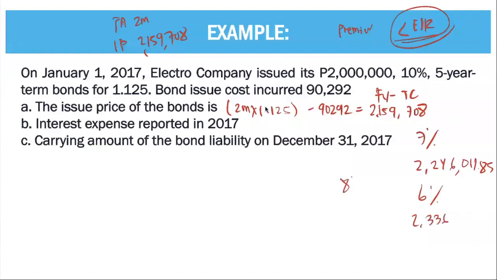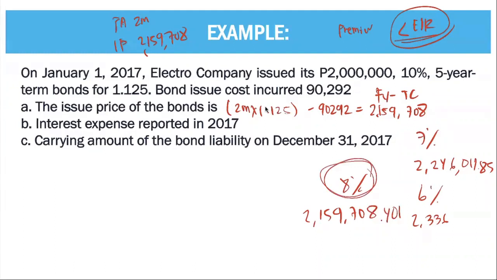Let's try a higher rate than that, 8%. 1.08 to the 5 years. So we get 2,159,708. Okay, so our answer is 8%.